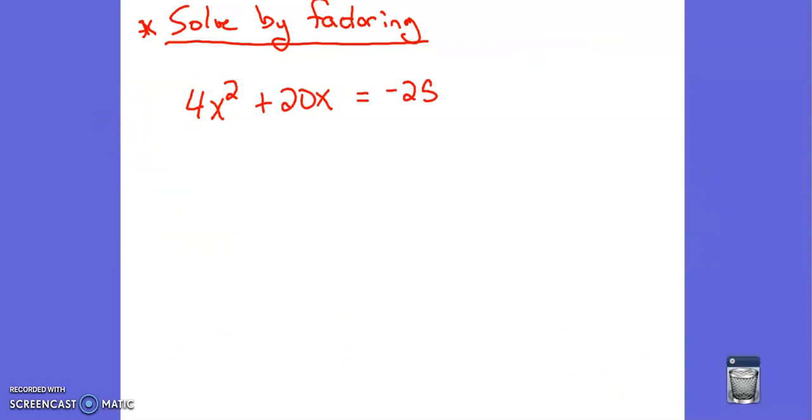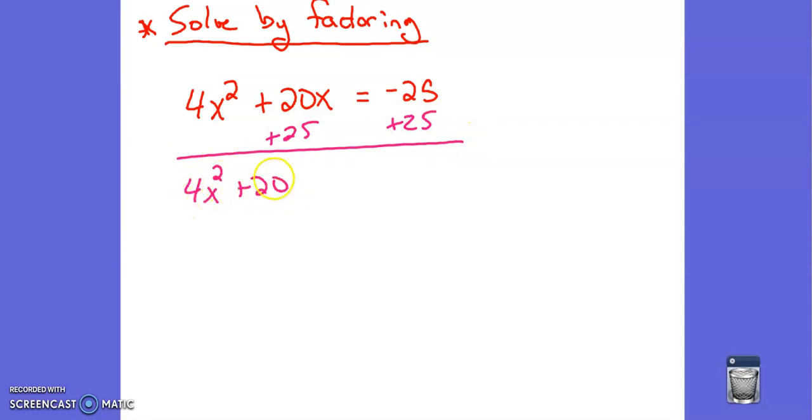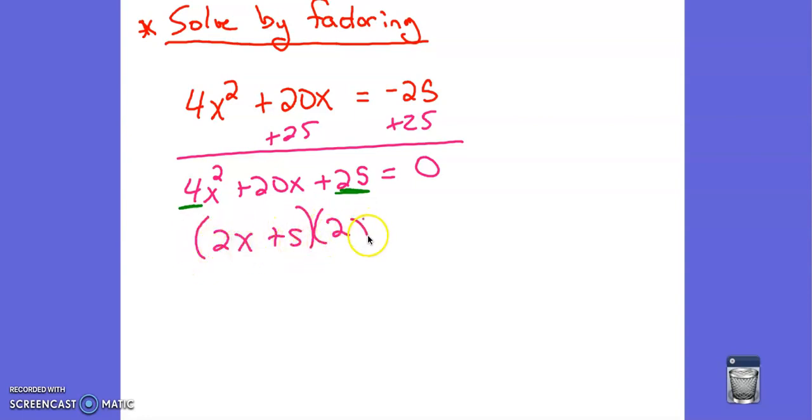And then one last problem, if you start solving this, we're going to, again, set it equal to 0. And then factor this. Something I want you to notice, this happens to be a perfect square. If you notice, the first and the last terms are perfect squares. And so this is going to literally be 2x plus 5 and 2x plus 5.